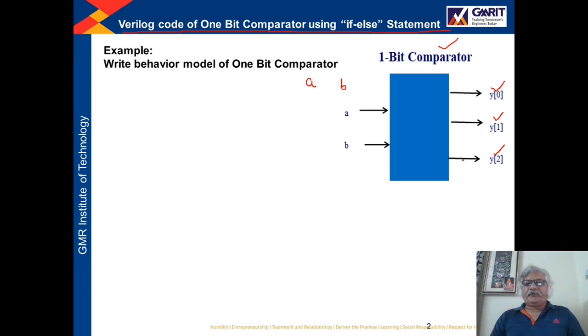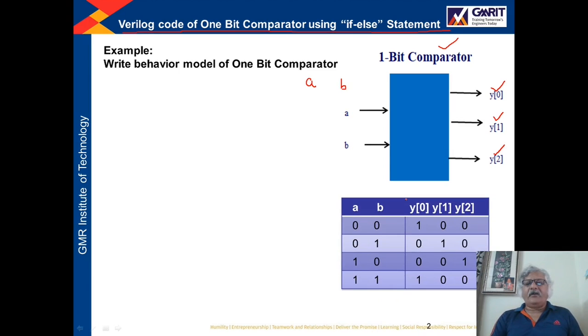Now the truth table for this comparator is like this. If A is 0 and B is 0, meaning both numbers are the same, then my output Y0 will be 1 and the remaining two outputs will be 0.